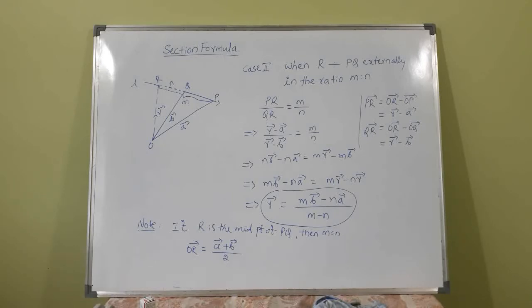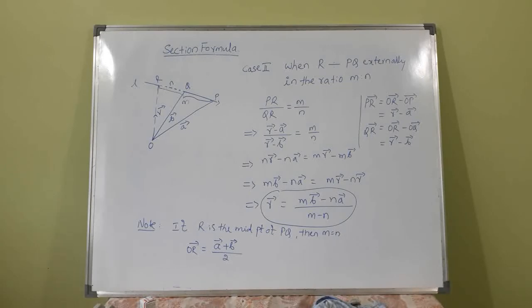PR divided by QR is nothing but m by n, and that PR is nothing but OR minus OP, which is R minus A, and QR is equal to OR minus OQ, so that is R minus B. So you substitute that, taking the PR vector and QR vector, and you will get (vector R minus vector A) divided by (vector R minus vector B) is equal to m by n.